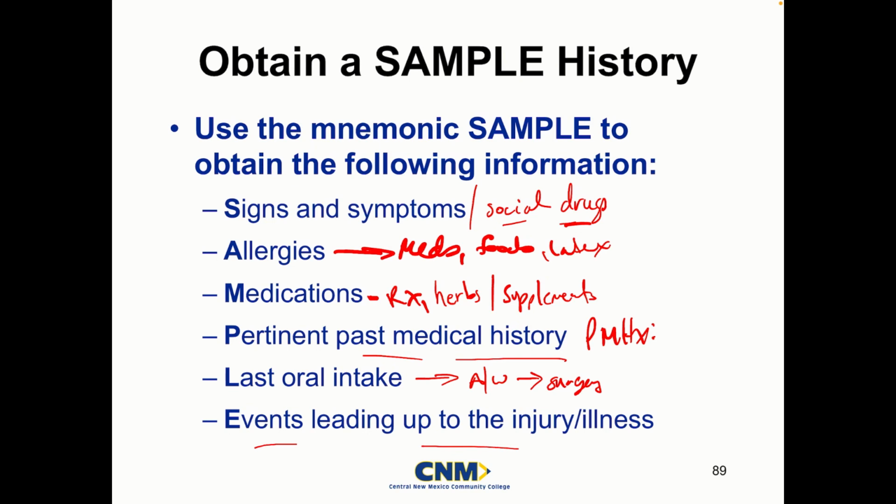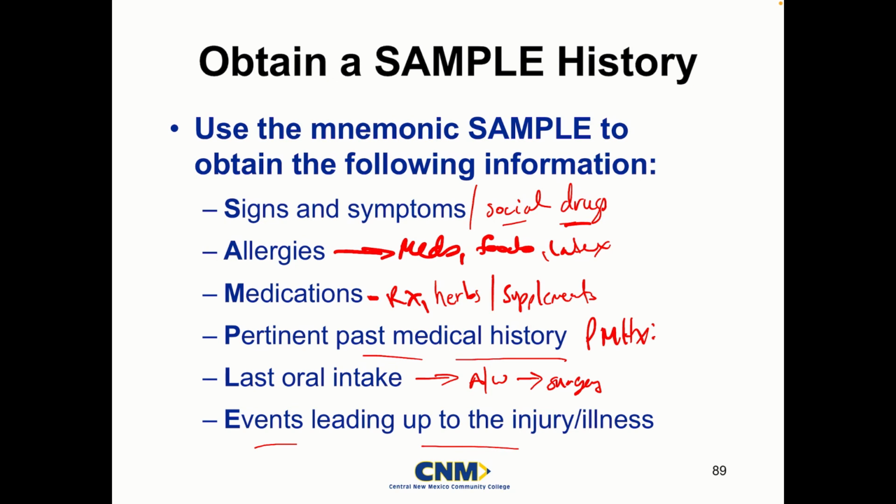Were they restrained? What speed were they traveling? What type of impact was it? Those things help us understand the context of the situation we weren't there for. And that will be used in conjunction with our physical assessment to determine what we think might be wrong with this patient right now in that presentation.